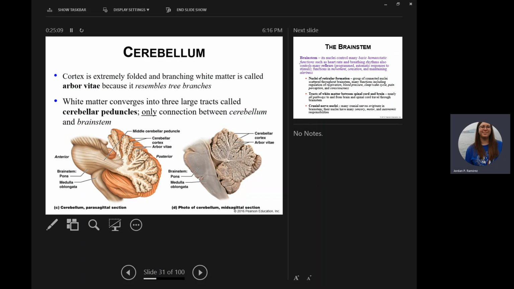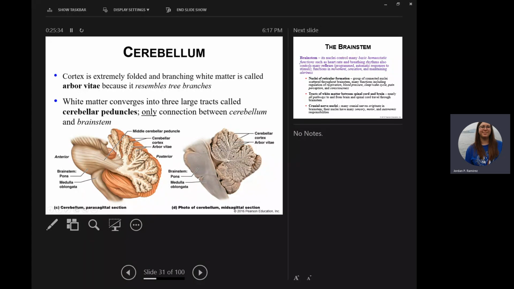The cortex is extremely folded, and this is your cerebellum here. This is your brainstem. Brainstem here and the cerebellum here. Important to know. The cortex is extremely folded and branching. It has white matter called the arbor vitae, named that because it resembles tree branches. We'll see that in lab.